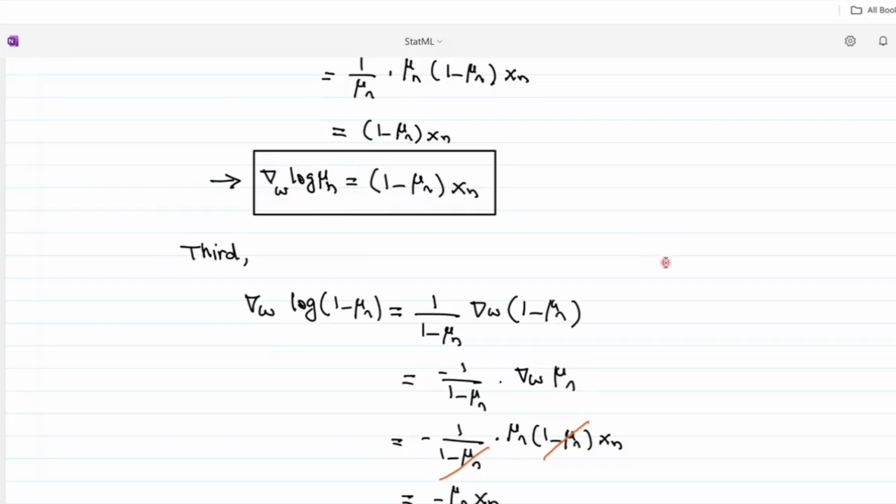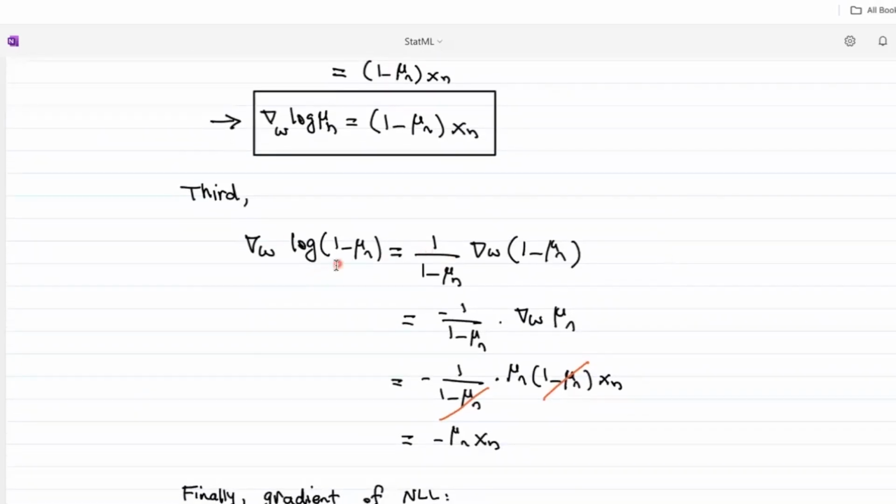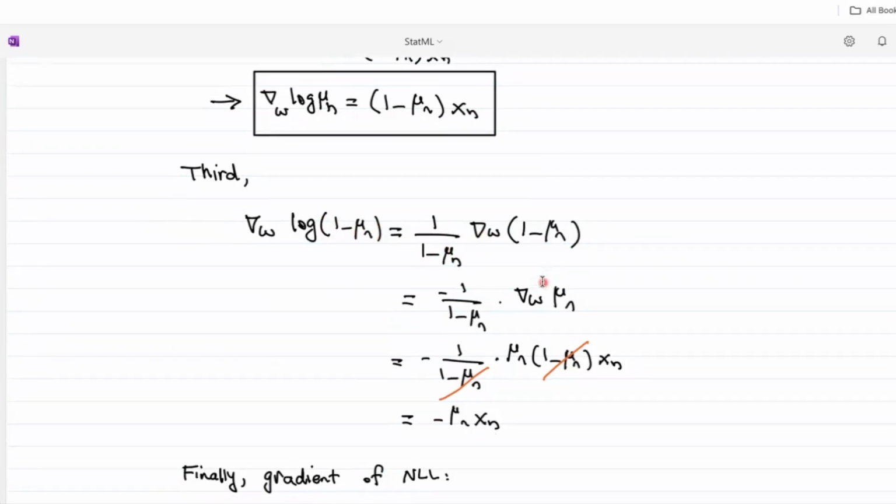In order to be able to find the gradient of the entire loss function, the cross-entropy loss function, if you recall, we also had log of 1 minus mu n, and this is also very easy to find using the chain rule, because we can write this as 1 over what we have here times the gradient of this term in front of the logarithm function.